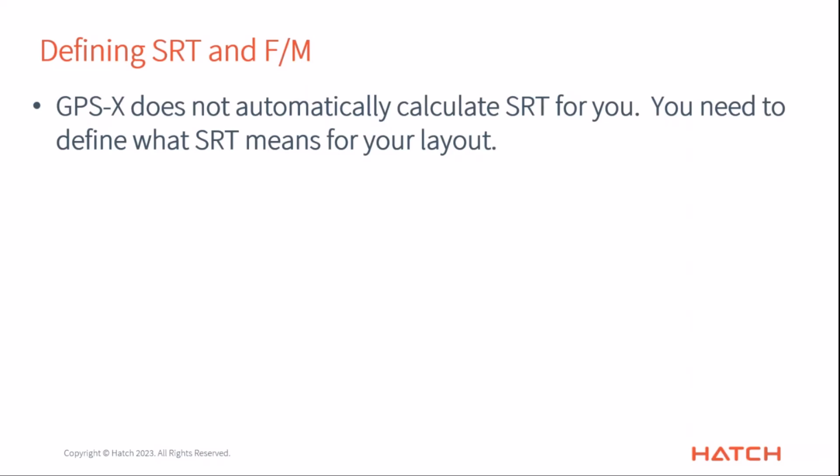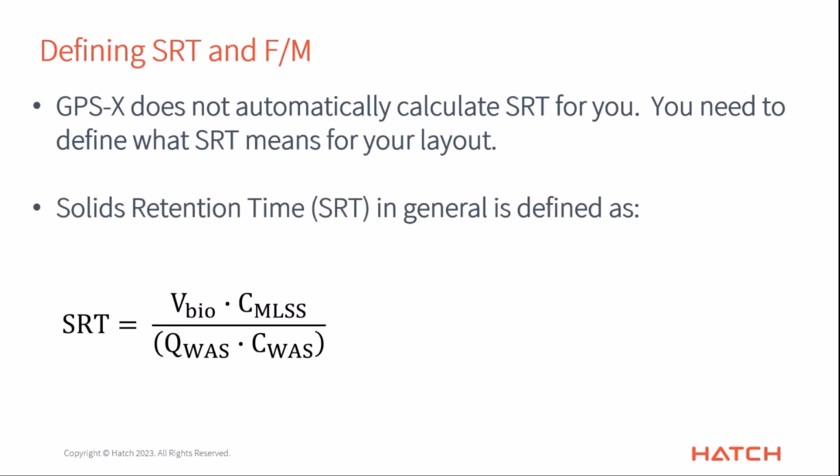What is the SRT? So you can define it in the way that means the most to you, and what is specific to your particular layout. So in general, when you do an SRT definition, we're going to create an equation that looks like this, right? It's basically the mass over the mass flow. So to calculate the mass, we're multiplying the volume of the bioreactor times the mixed liquor concentration.